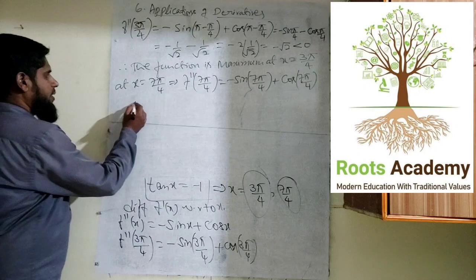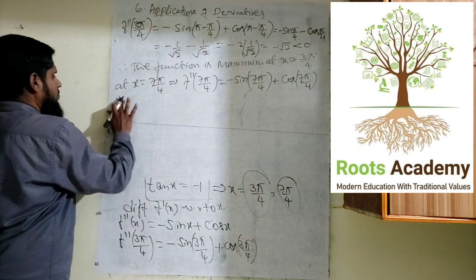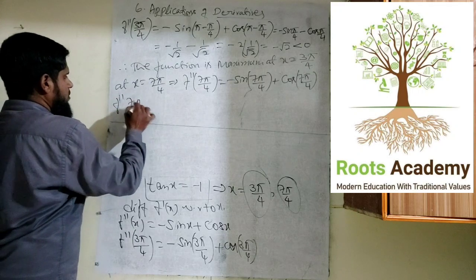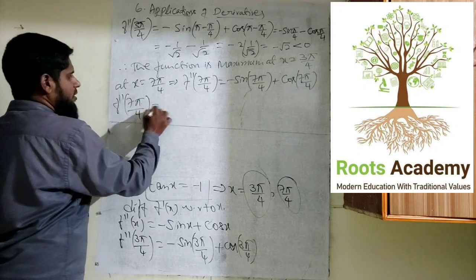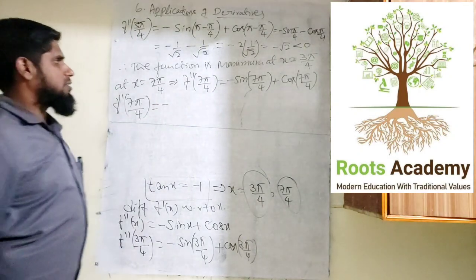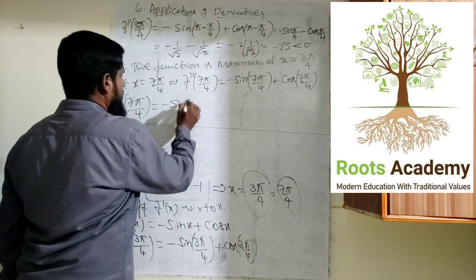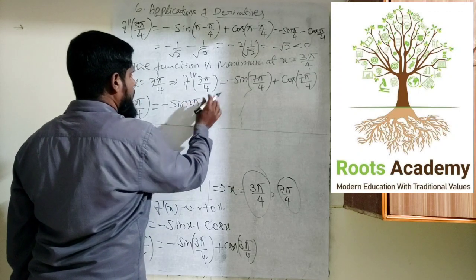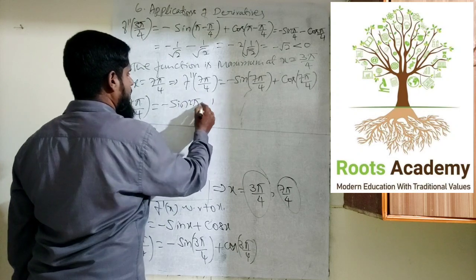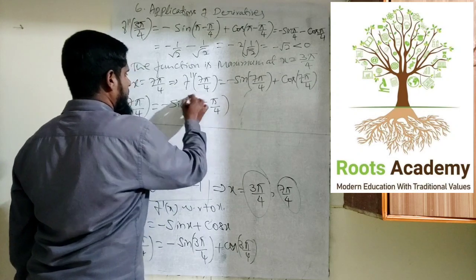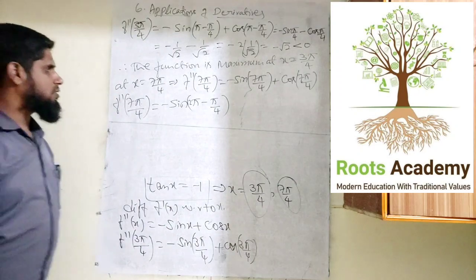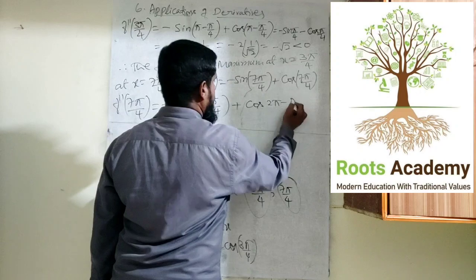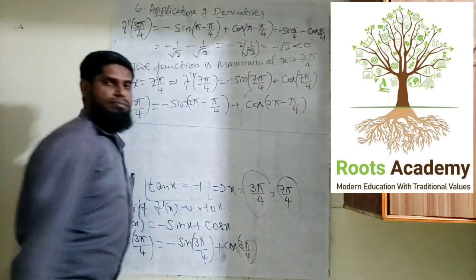So this can be written as minus sin 7 pi by 4 can be written as sin (2 pi minus pi by 4), plus cos (2 pi minus pi by 4).